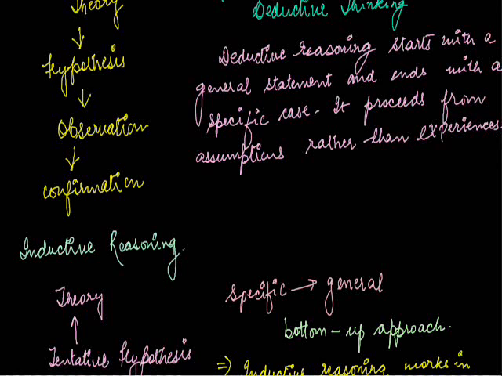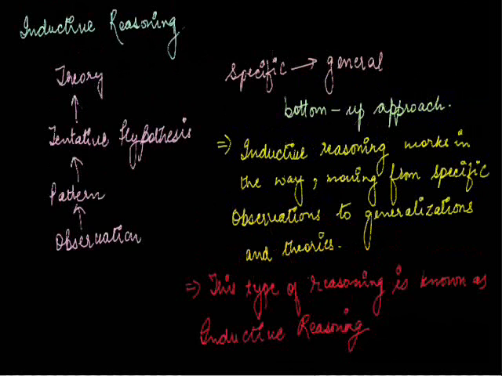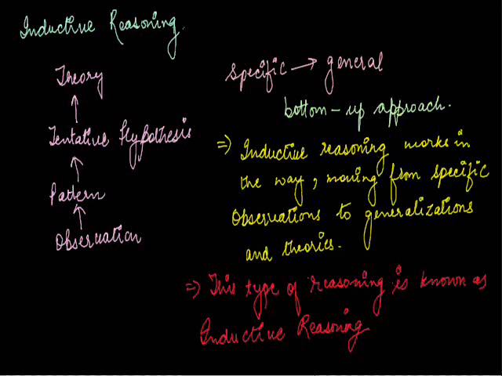Whereas next what we studied is inductive reasoning. In inductive reasoning, it follows a bottom-up approach. First we have some observations. On the basis of observation, we form a pattern, and on the basis of that pattern we give some tentative hypothesis, and on the basis of that hypothesis we give a theory. So it is from specific to general.